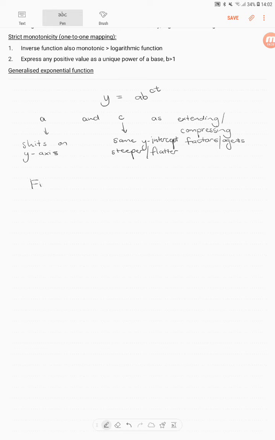So if we look at figure 10.2, we have y and x. So this would be y equal to f of t equal to b to the t.